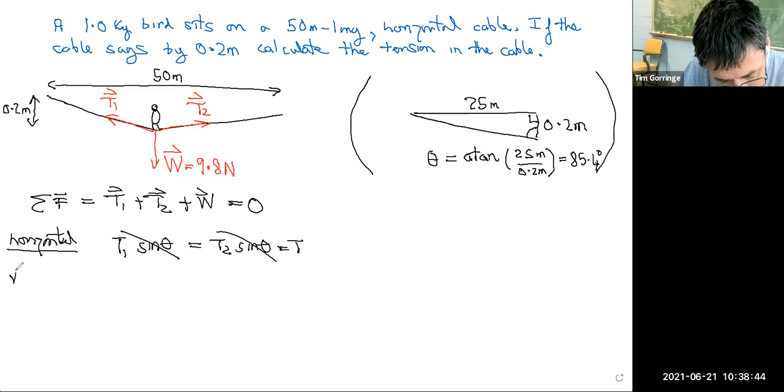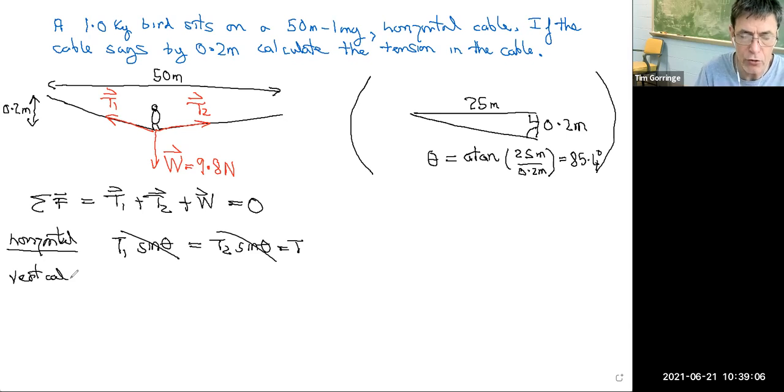Now let's look at the vertical. So in the vertical, there are two upward forces. There's the vertical component of the tension T1 and the vertical component of the tension T2. And then there's one downward force. There's the weight of the bird on the cable.